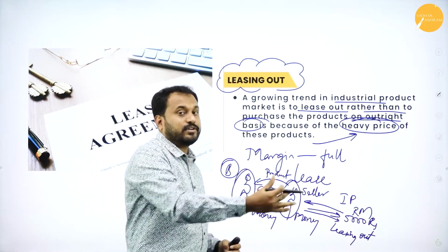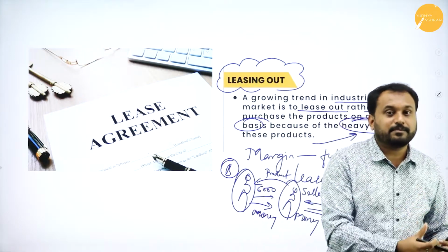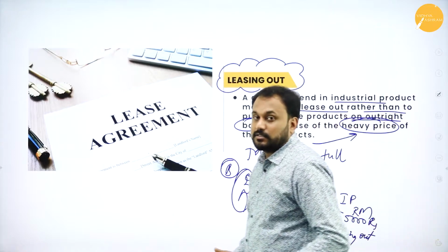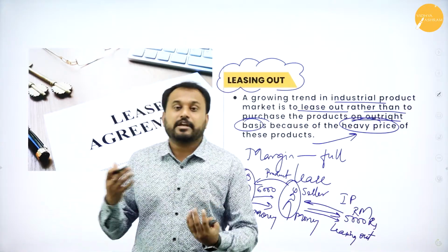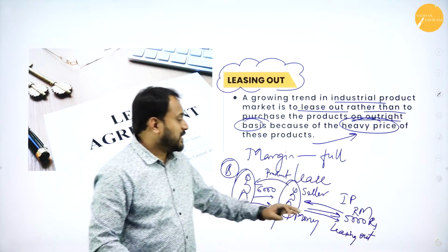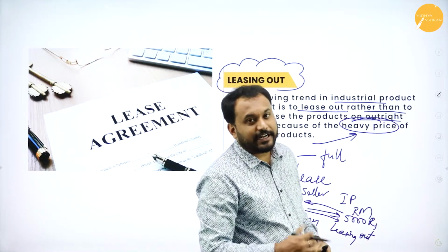After you make the sale and make a profit, then you give the payment. Or even if you are making a loss, you have a stipulated time within which you can give the money to the person from whom you have taken the industrial product. So these are the characteristics of industrial products.